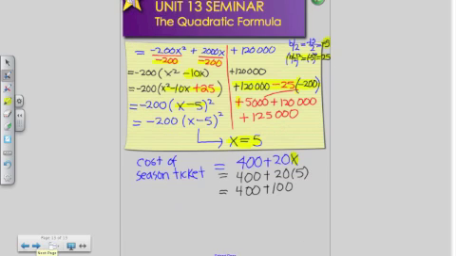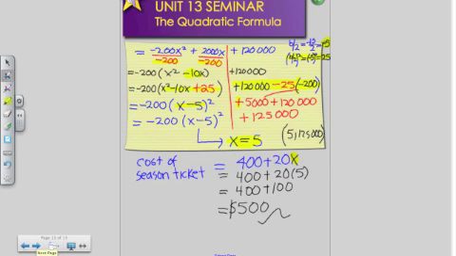So the cost of the season ticket to maximize revenue has to be $500. Usually when you're doing completing the square questions, you have to first find your vertex, 5 and 125,000, and you have to take the x value of your vertex and substitute it into your original binomials, okay?